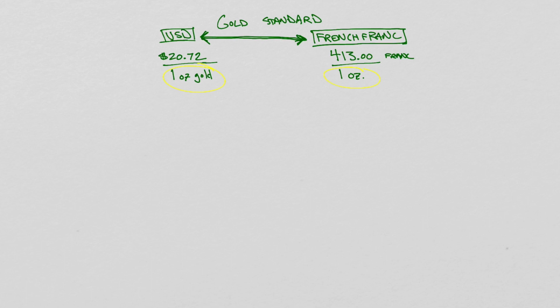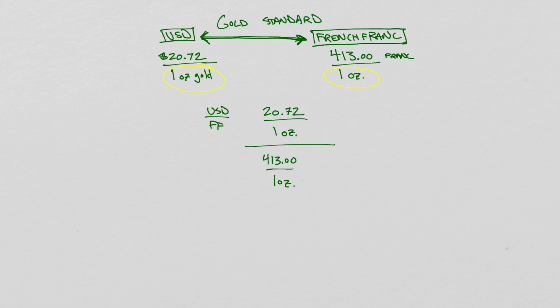And so to figure out the foreign exchange rate of, in this case, the dollar versus the franc, I'm going to call it FF, you would take the rate of exchange of the dollar to the ounce of gold that it's measured against, and divide that by the rate of exchange of the French franc to an ounce of gold.